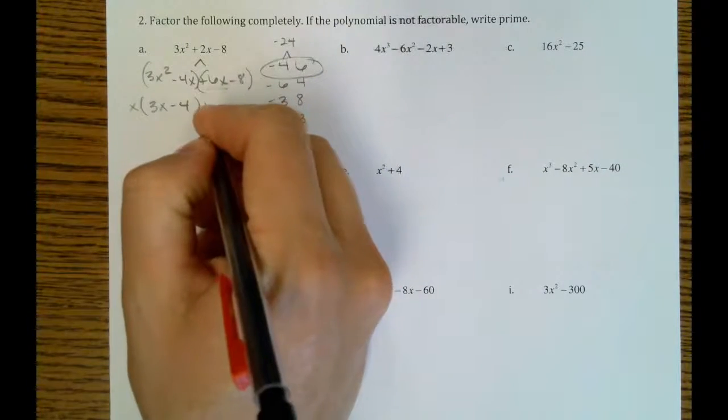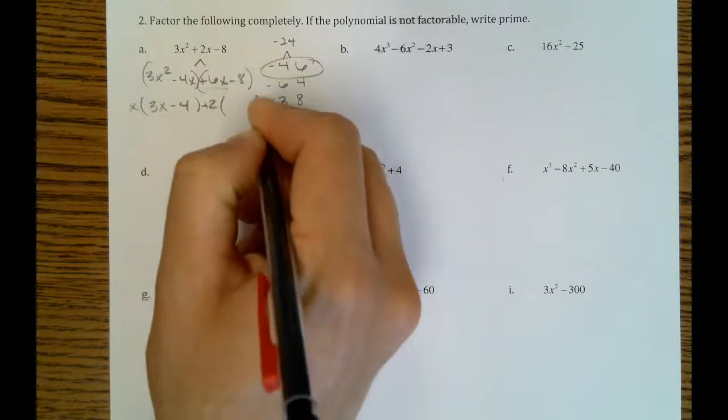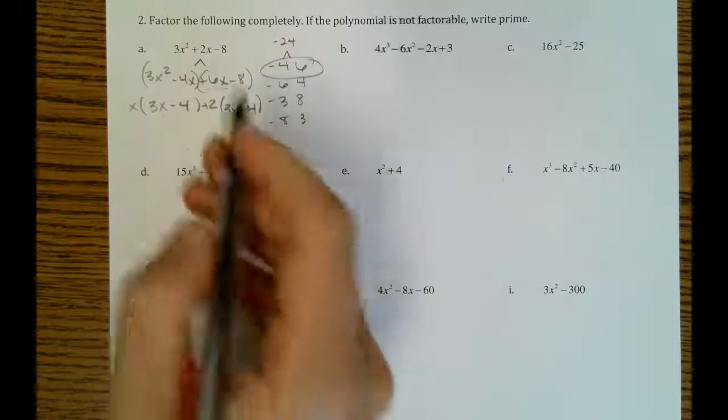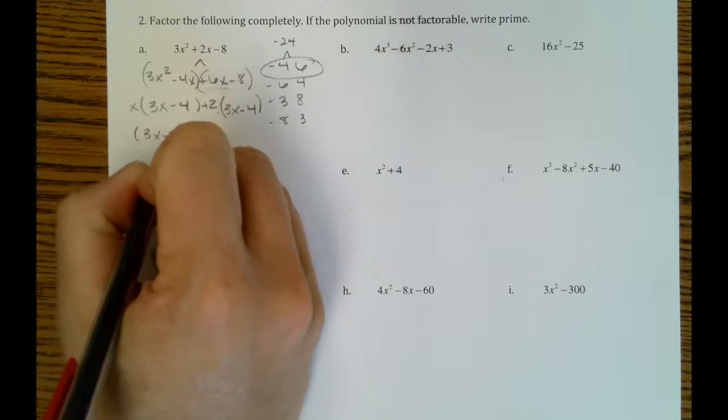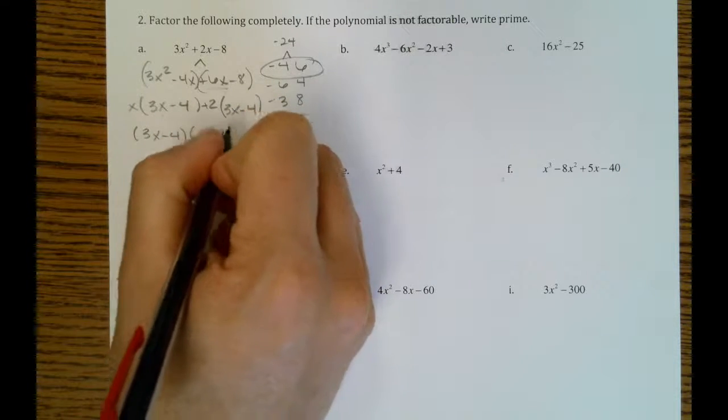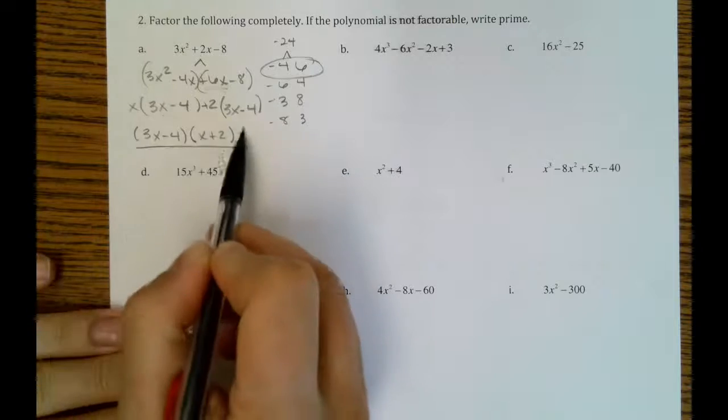We can factor out a positive 2. Our parentheses are the same. So we have 3x minus 4 and then x plus 2 for our final answer.